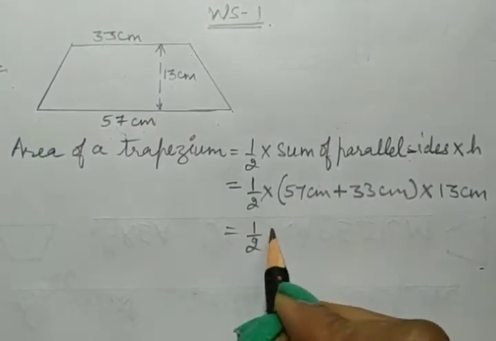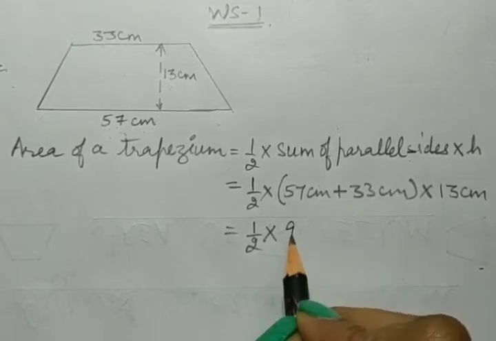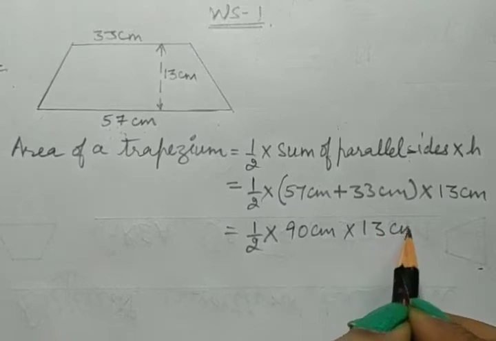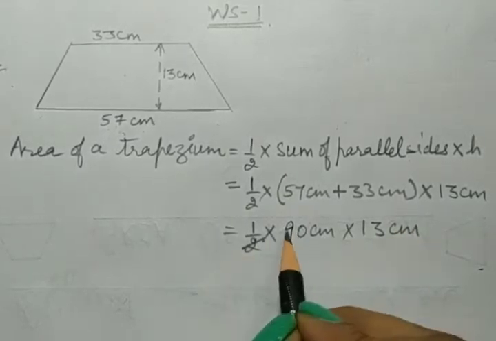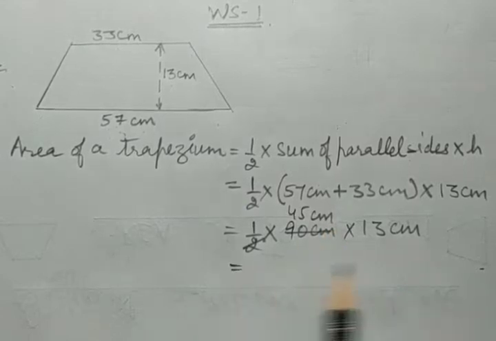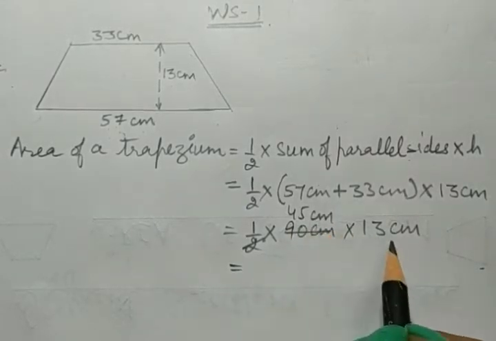We will get half multiplied by 90 centimeter multiplied by 13 centimeter. We got 45 centimeter over here. Now multiply 45 centimeter by 13 centimeter.